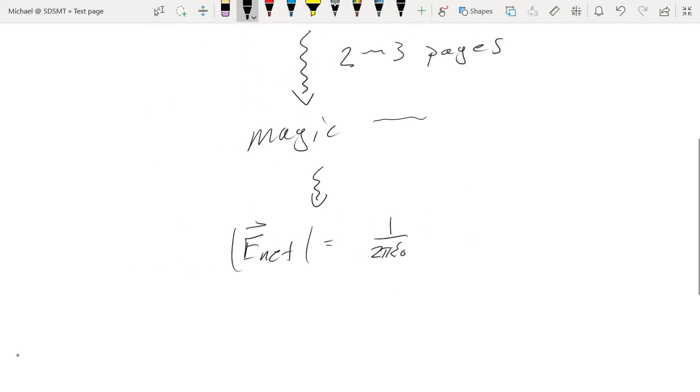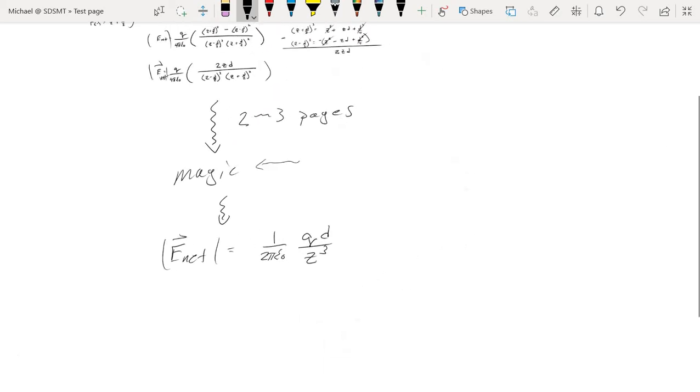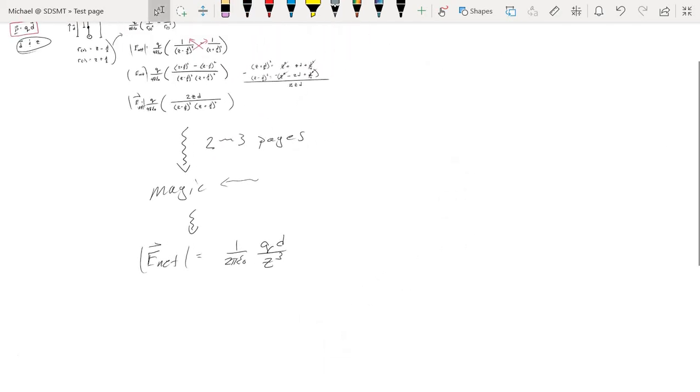Well, it happened in the magic step, along with qd over z cubed. So again, there's a lot of stuff that breaks down and simplifies in all these math steps. And so if you want to, go ahead and give that a try. See if you can get from here to here.